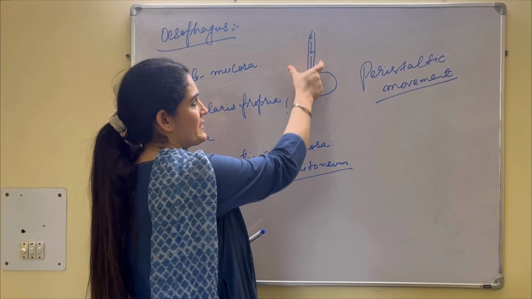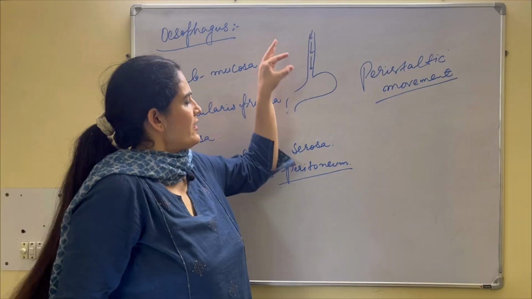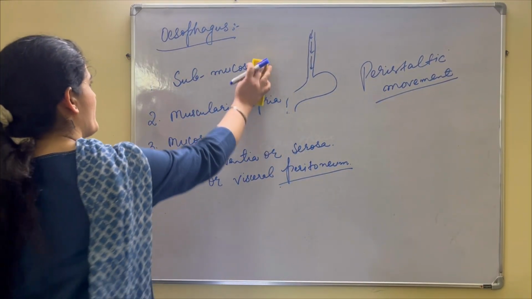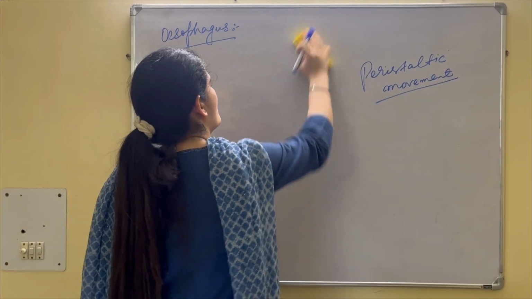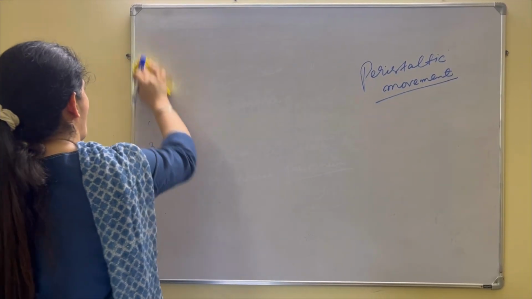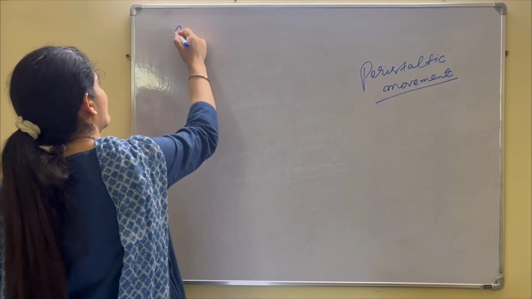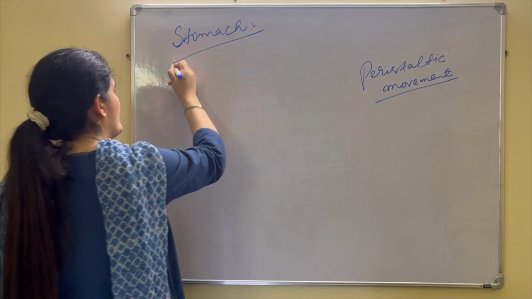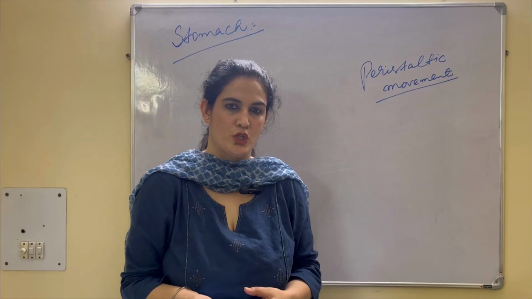Now students, next, we are going to discuss about the stomach. We will draw a rough diagram of the stomach and we will discuss some points about it. So stomach, students, is the major part which helps in digestion.